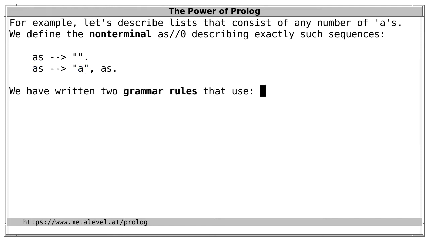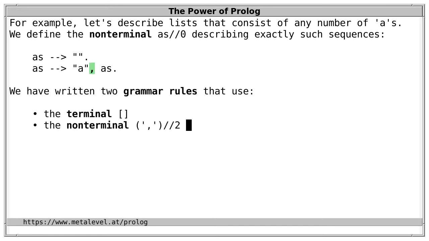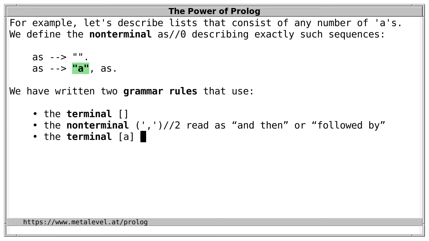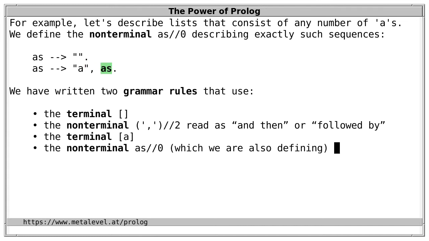Because we only need these 2 grammar rules, where we've used the terminal nil, the non-terminal comma, which we read as "and then" or as "followed by", the terminal A, that is a list with a single element, the atom A, and the non-terminal A's, which we're also defining, and which we define to mean a sequence of A's.